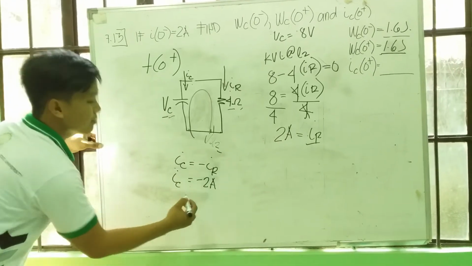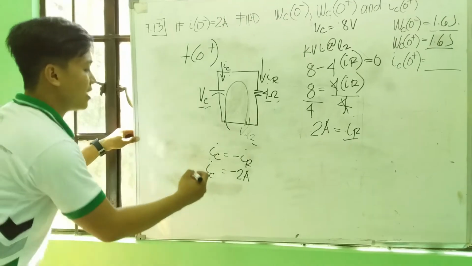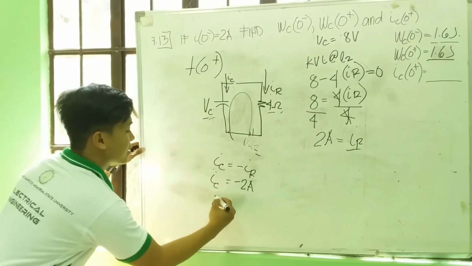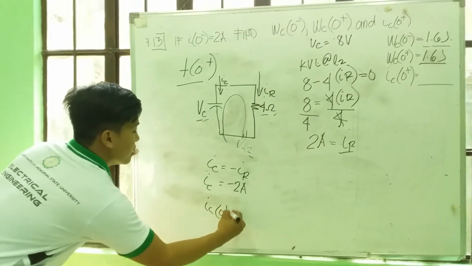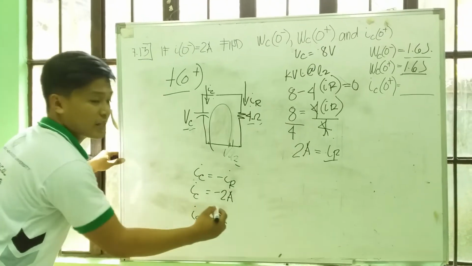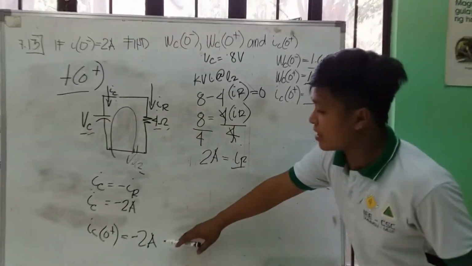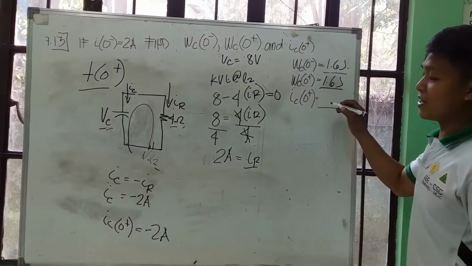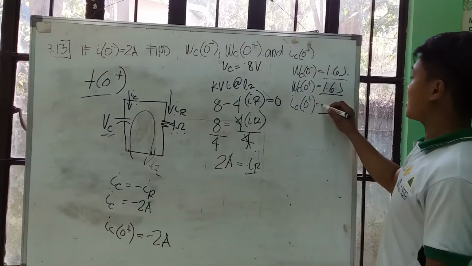IC now equals negative 2 amperes. So the current at the capacitor at time t equals 0 positive will become negative 2 amperes. Put our answer in our answer box: IC at time t equals 0 positive equals negative 2 amperes.